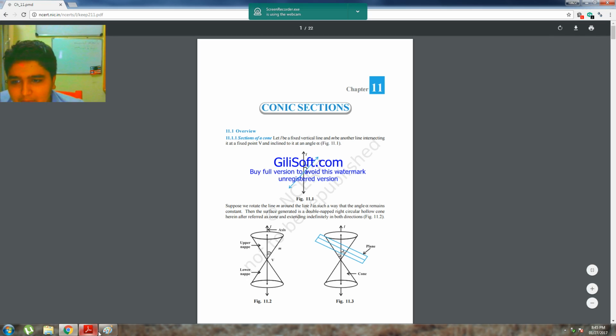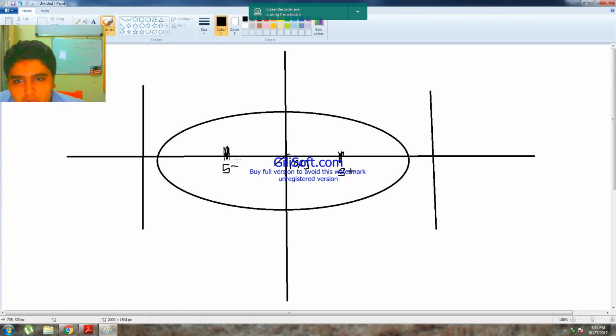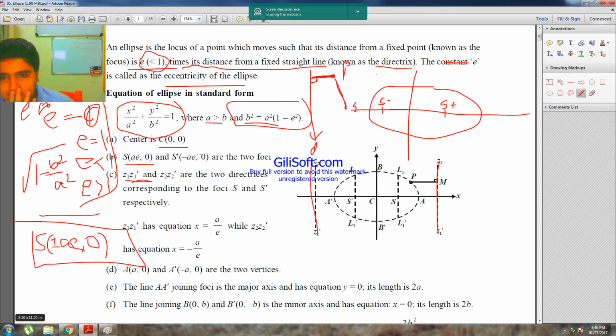If I call this thing as your S dash and this as your S, then according to the figure, this would be my Z1, Z1 dash, Z2 and Z2 dash. Yeah, so this is what the picture over here actually depicts.